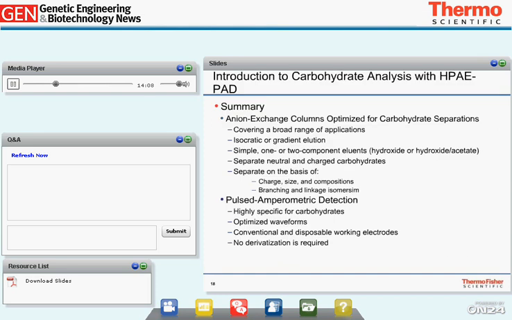In summary, the great utility of HPAE-PAD originates from two unique contributions. First, it is the CarboPac series of columns delivering separations in practically all classes of carbohydrates. All separations with carbohydrate columns are carried out in alkaline solutions. The alkaline eluents are a great match for the second component of HPAE-PAD, the pulsed amperometric detection.